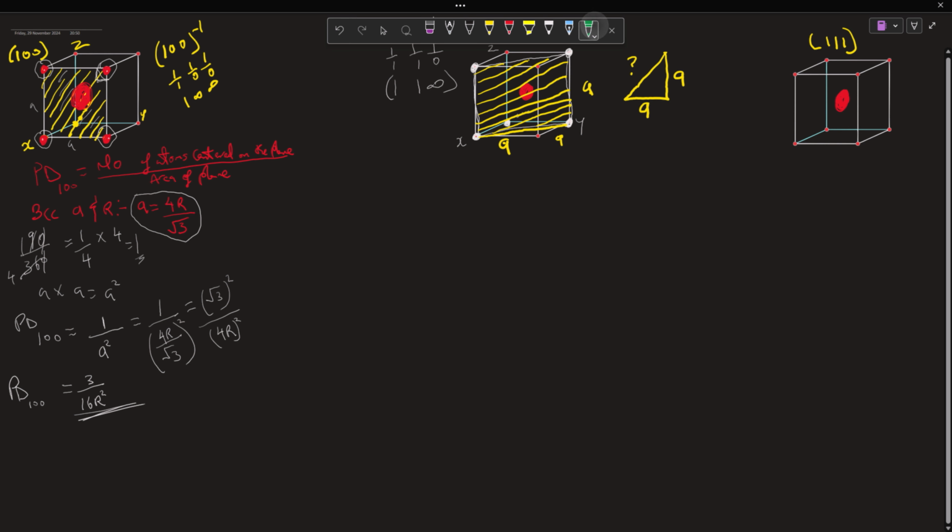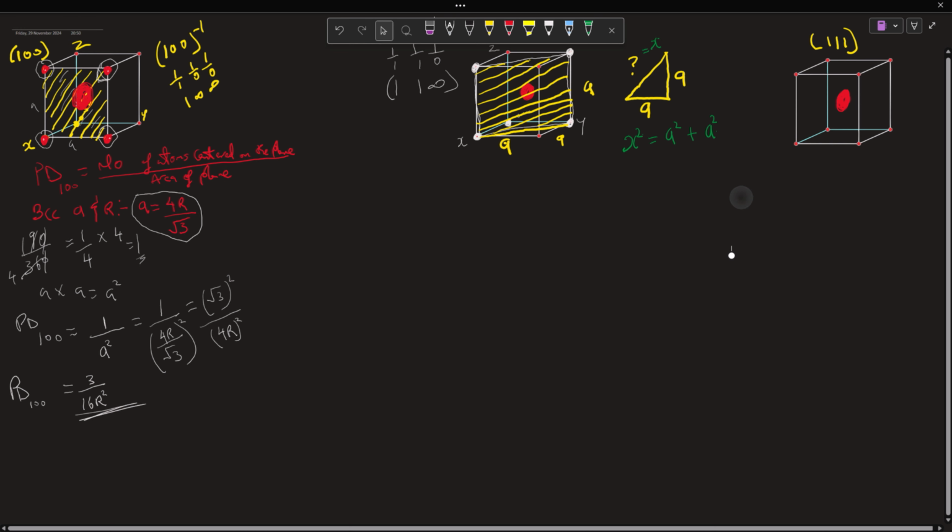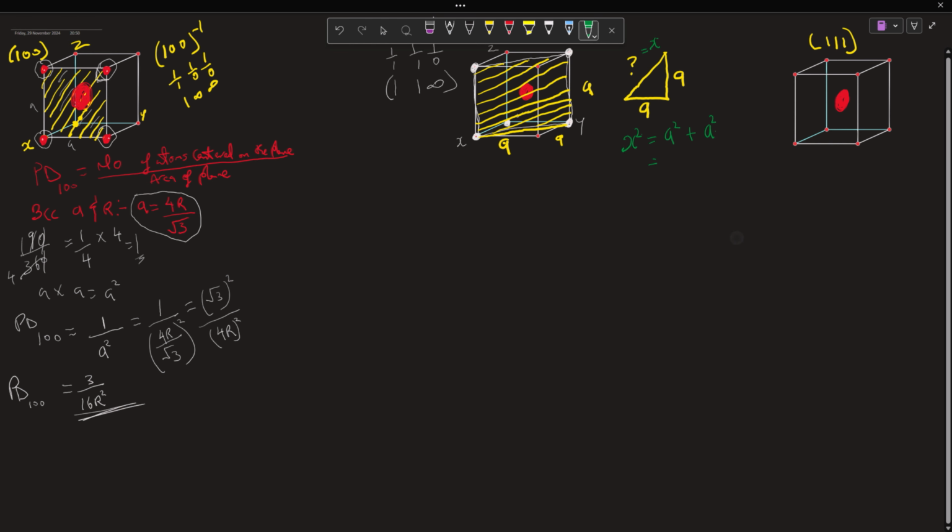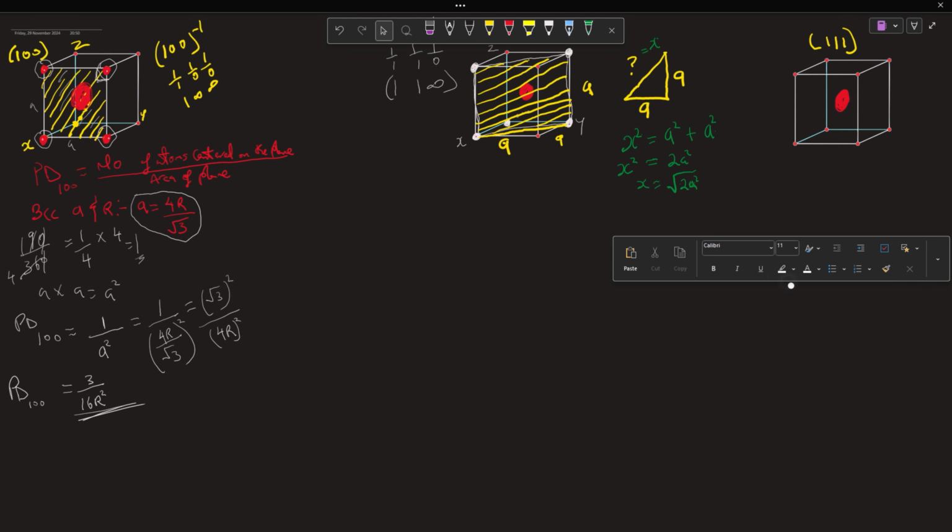Now let's solve for our unknown so we can march forward. Let's use green to solve for our unknown. We apply Pythagoras theorem: let's call our unknown x. x square is equal to a square plus a square, so x square is equal to 2a square, so x is equal to root of 2a square, which is equal to root 2 times a.